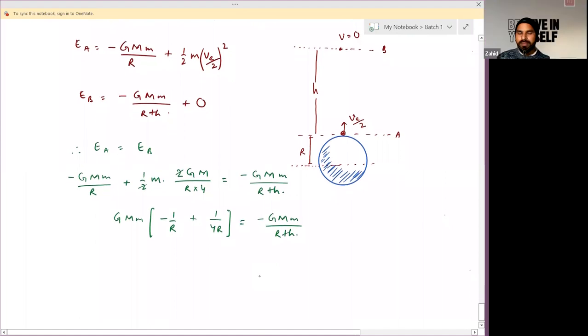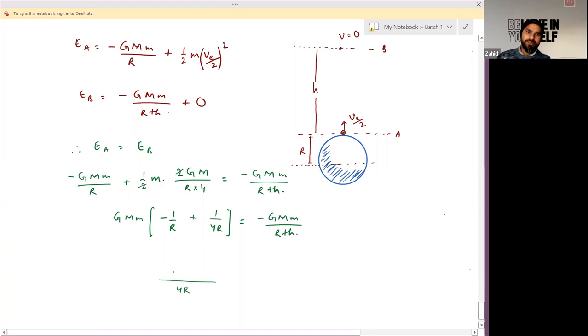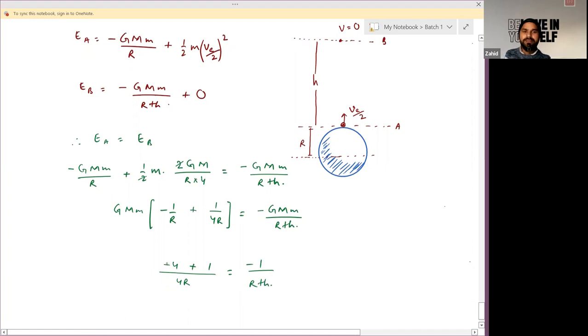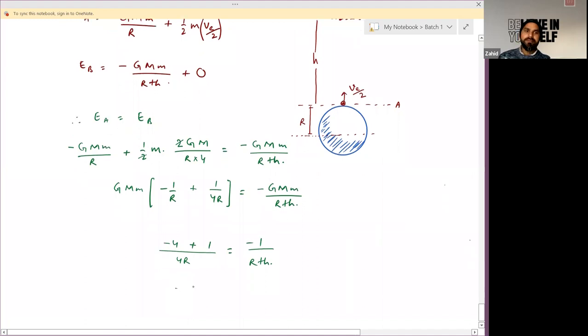Now GMm will cancel out on both sides. So you're left with minus 1 by R plus 1 by 4. Just take LCM as 4R. So it will be minus 4 plus 1 equals minus 1 by R plus H. So minus 4 plus 1, it will be minus 3 by 4R equals minus 1 by R plus H.